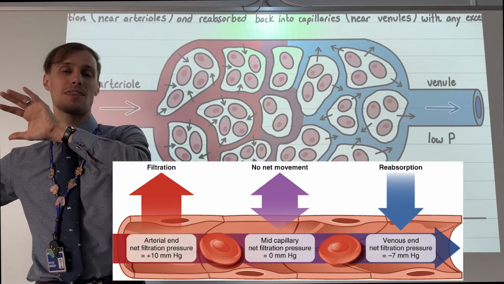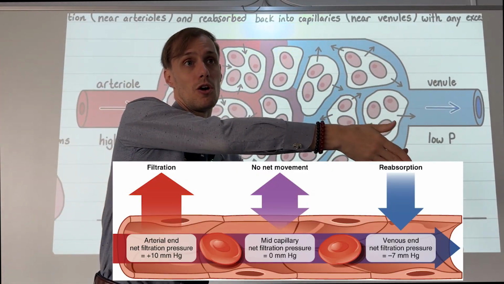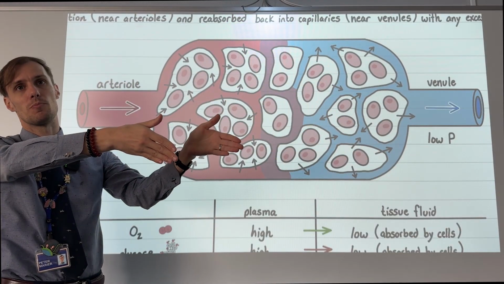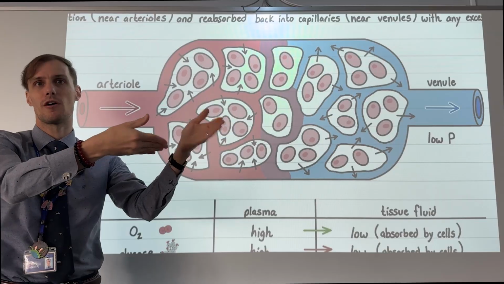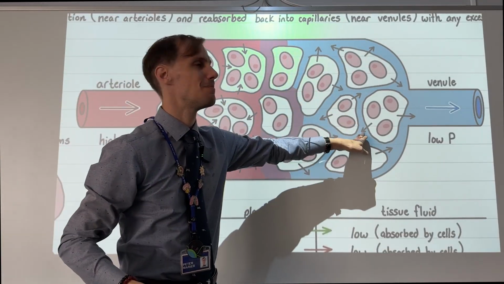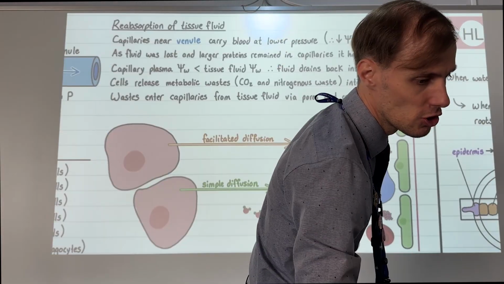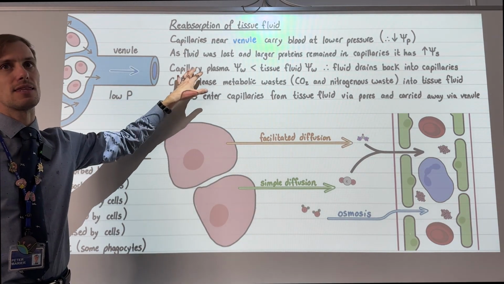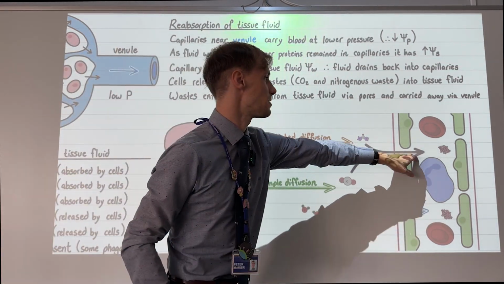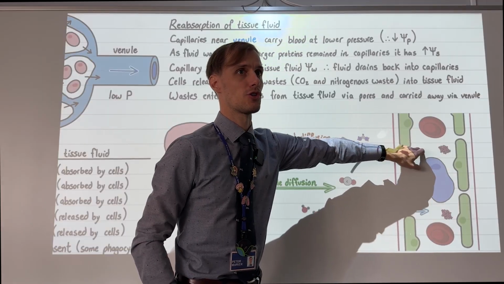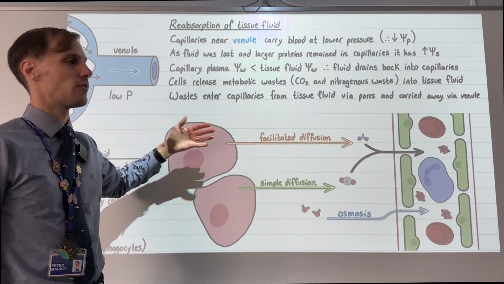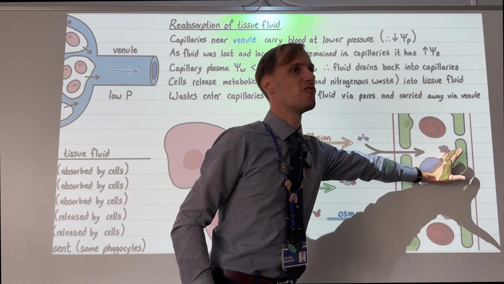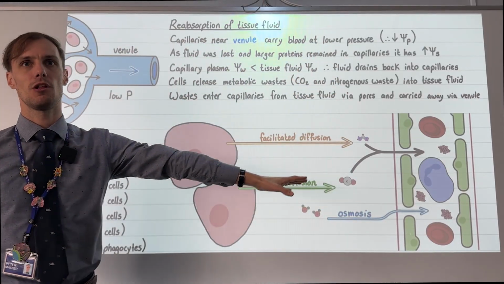That's going to cause fluid to follow the area of high solute concentration, or low water potential, however you want to look at it, to rejoin the capillaries. So you could say that the plasma within the capillaries has a lower water potential than the tissue fluid. That means there's going to be a net movement back into the capillaries.